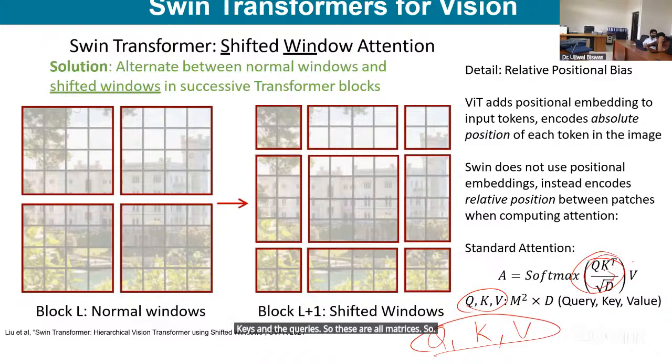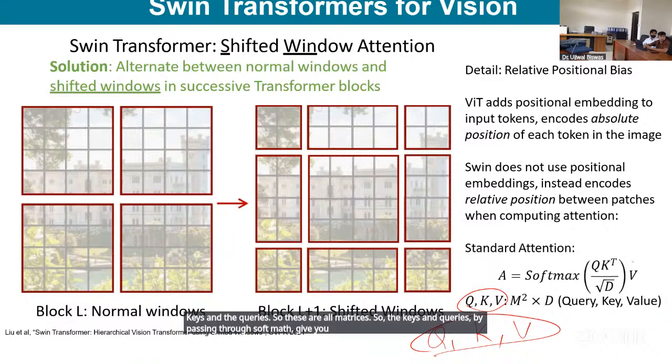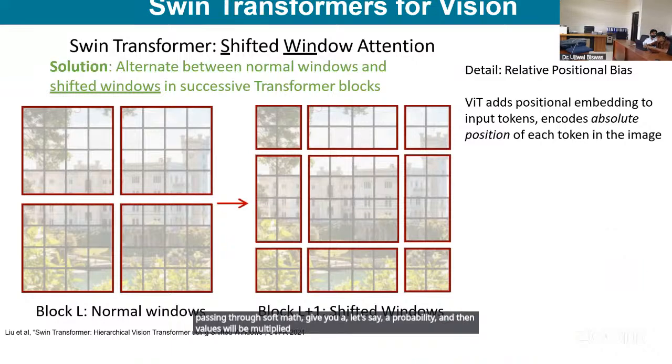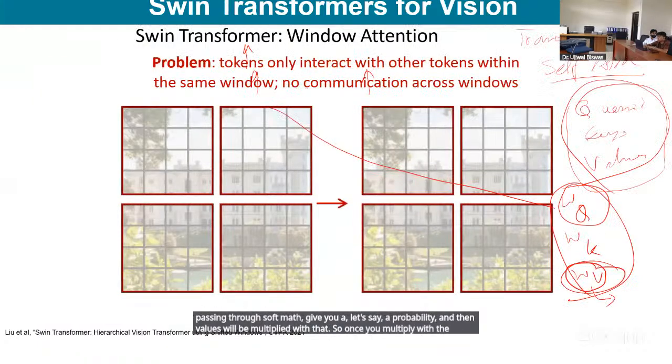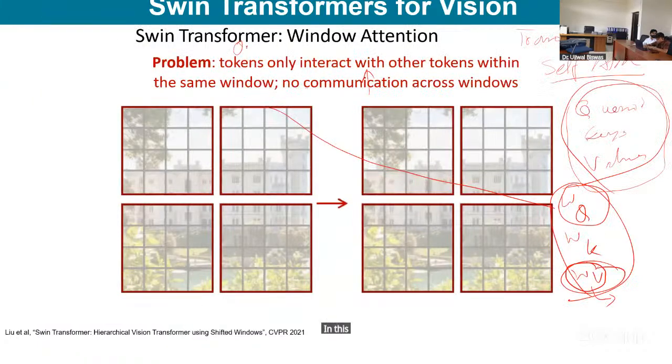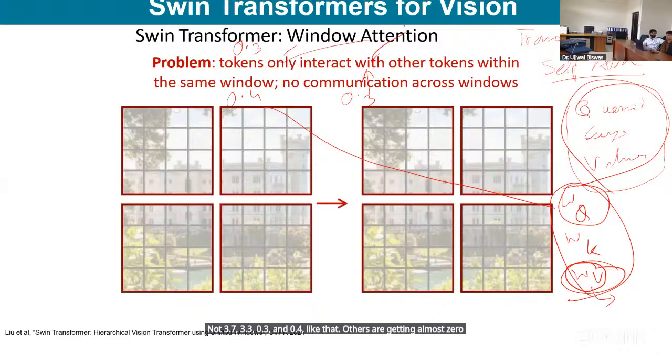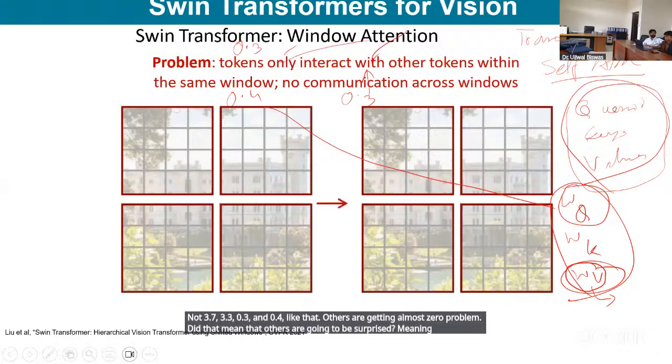The keys and queries pass through a softmax, which gives a probability, and the values are multiplied with that. Maybe one word gets 0.3, another 0.4, and the others get almost zero probability. That means the others are suppressed, so I lose the unnecessary information. Similarly, we can apply that to our image as well.